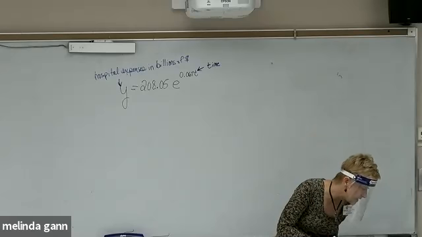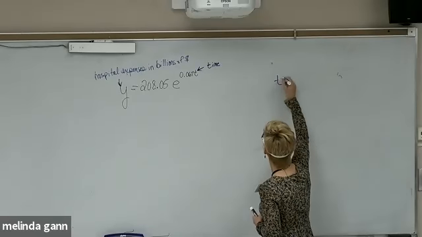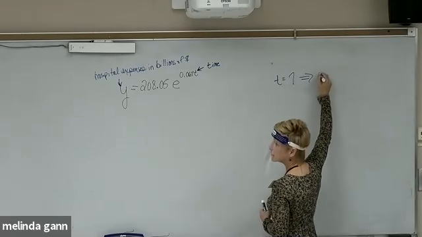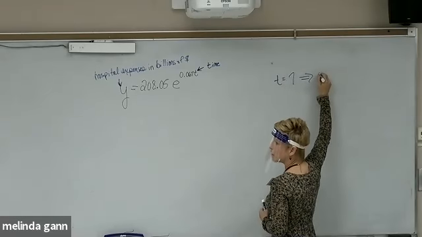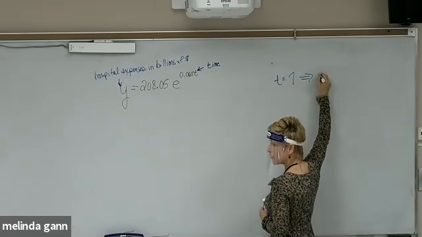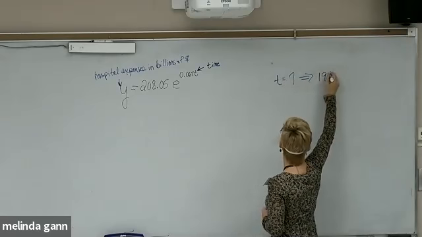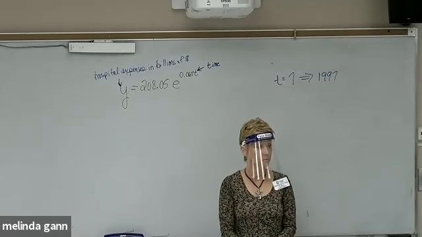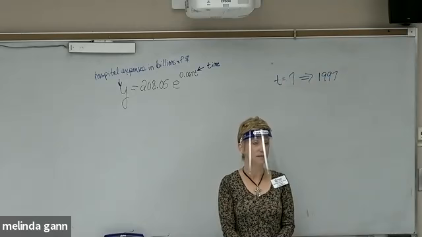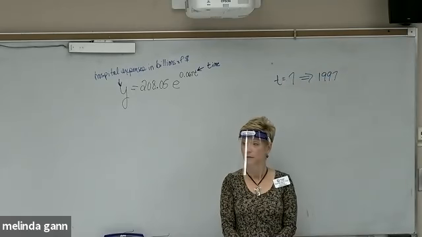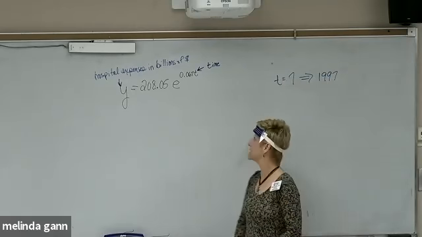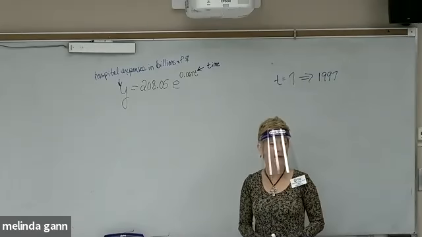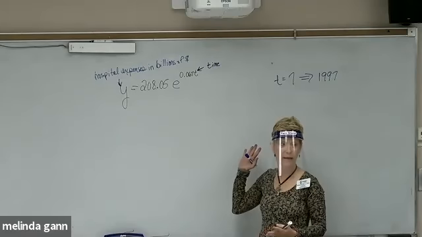It says t equals 7 corresponds to what year? What was it, 2000 or 1997? What was it? 1997. Because that's going to be real important. What if t was 8? What year would that be? 1998. What if t was 10? 2000. That's right. So we got it, because when it comes out, we got to know what we got.